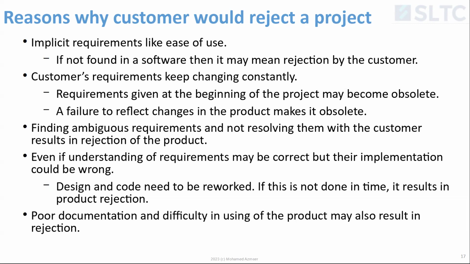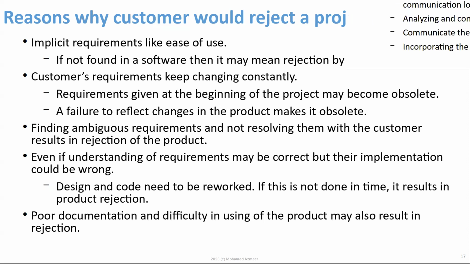When they start the coding itself, they should have done the documentation. If they don't, that will lead to some rejection by the customer, not because the customer is reading the documentation, but because you might need more time and more effort to do the slightest change if you don't have proper documentation.